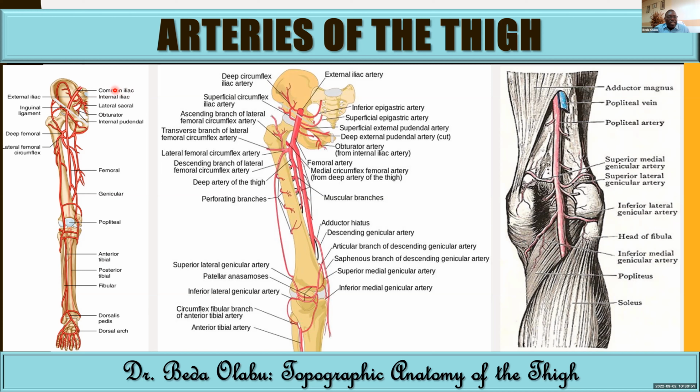This common iliac artery divides into two major branches. There's one called the external iliac artery, and there's one called the internal iliac artery. The internal iliac artery gives branches which supply the structures within the pelvic cavity, and that's why it's called internal iliac, the inside of the ilium.